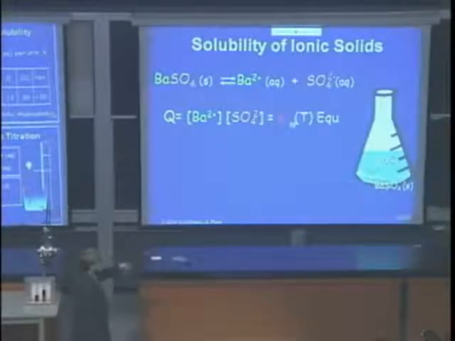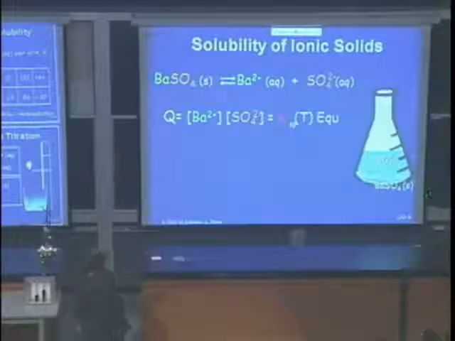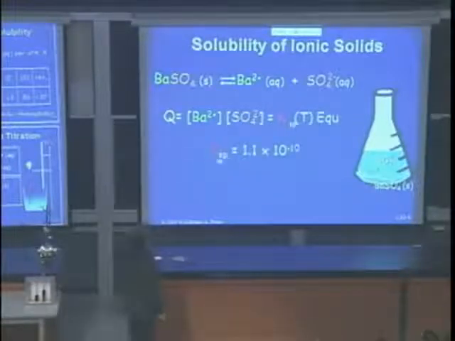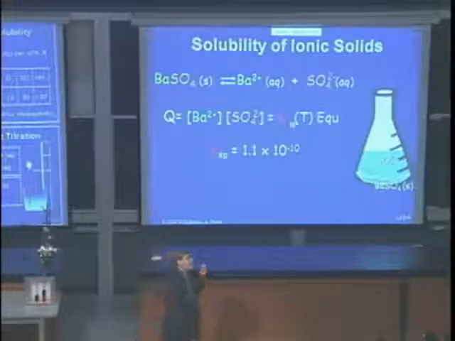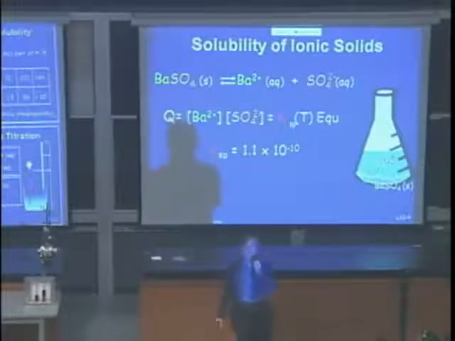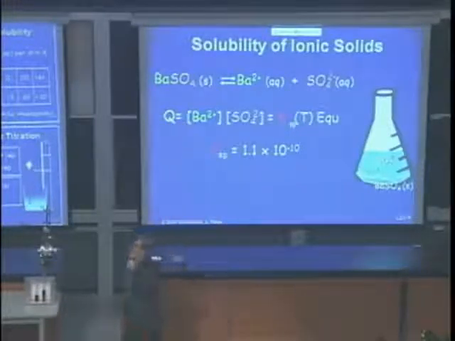So you have in your jar here, in your Erlenmeyer flask, barium and sulfate ions, and on the bottom, it has solid barium sulfate. So that solubility product is very, very small. So the equilibrium constant is smaller than 1. When I say the equilibrium constant is smaller than 1, which is favored? Reactants are favored.